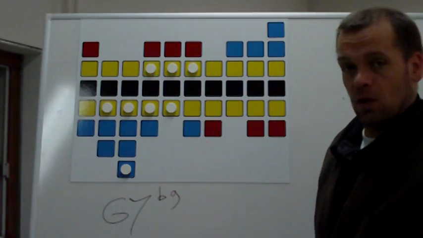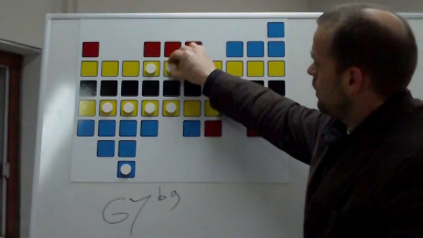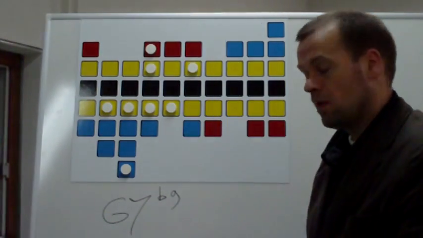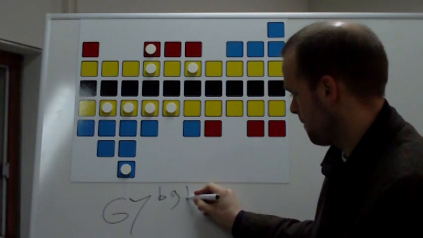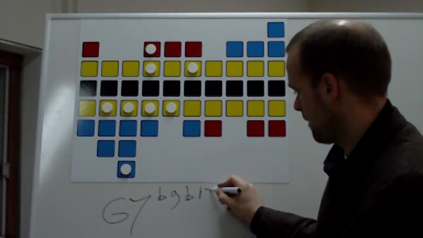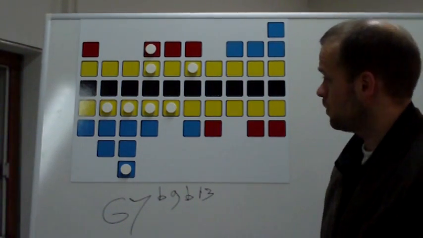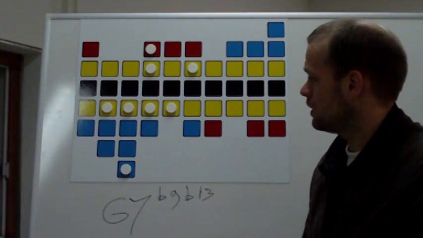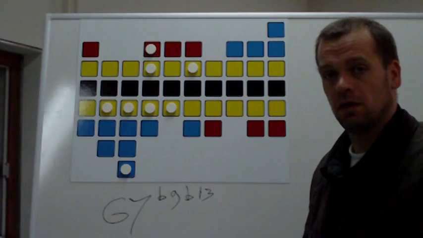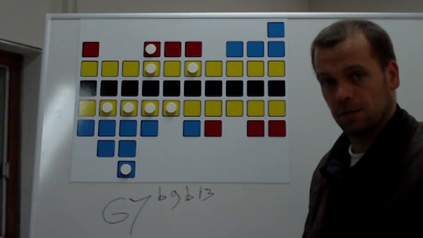But that is not very common. What is more common is if we have both the flat 9 and the flat 13. Because then the scale becomes a mode again, and this time it is the 5th of C harmonic minor.